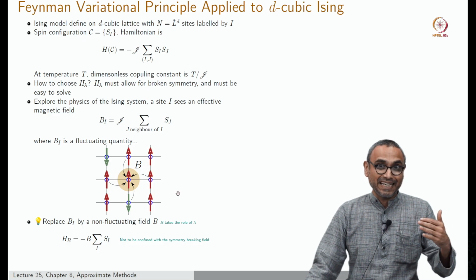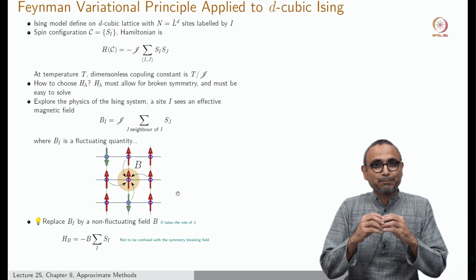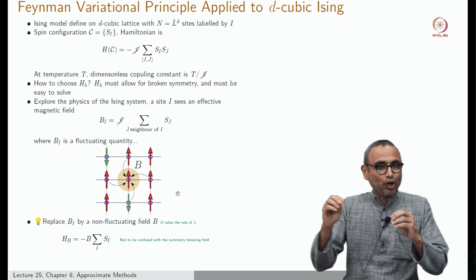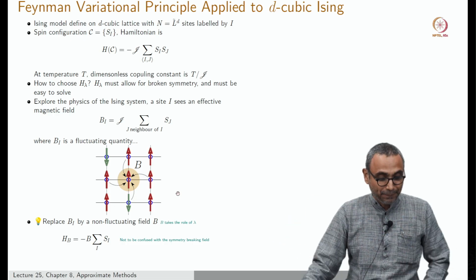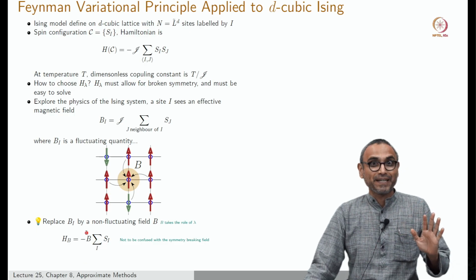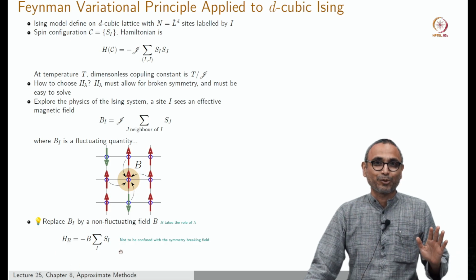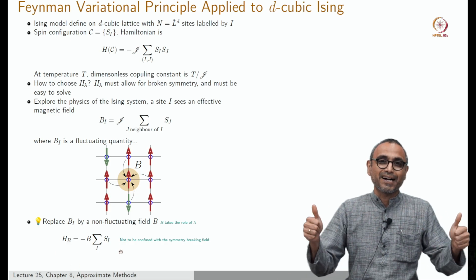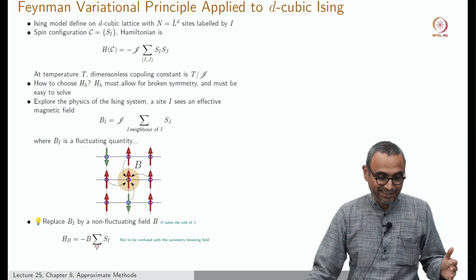I am constructing H lambda, and each of these spins is not talking to any other spin but is seeing some magnetic field B. I don't know what B is. I am just saying that the trial Hamiltonian is a set of uncoupled spins in an external magnetic field B.